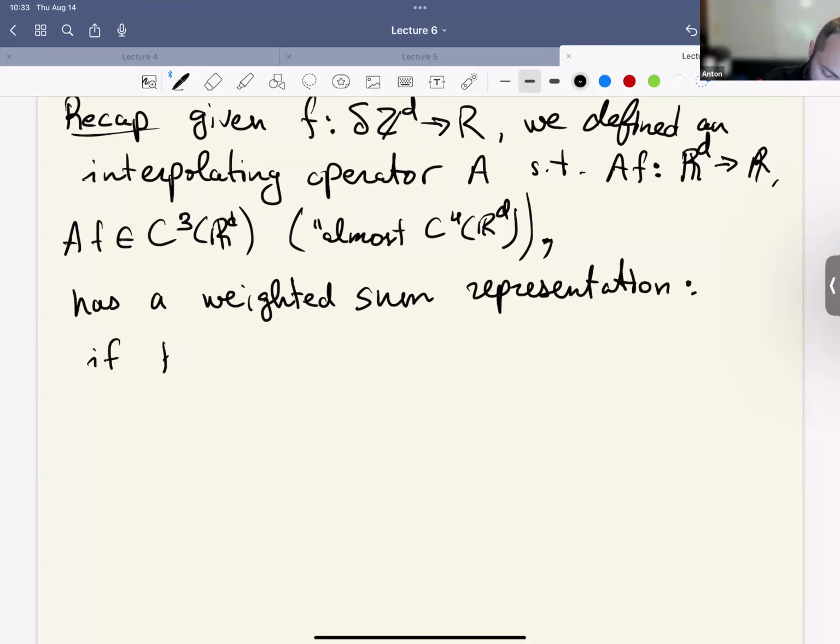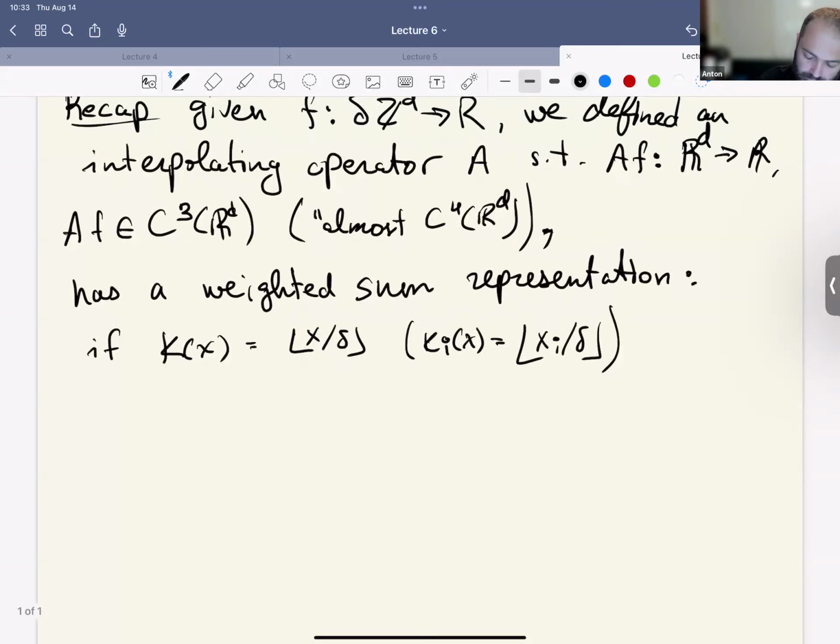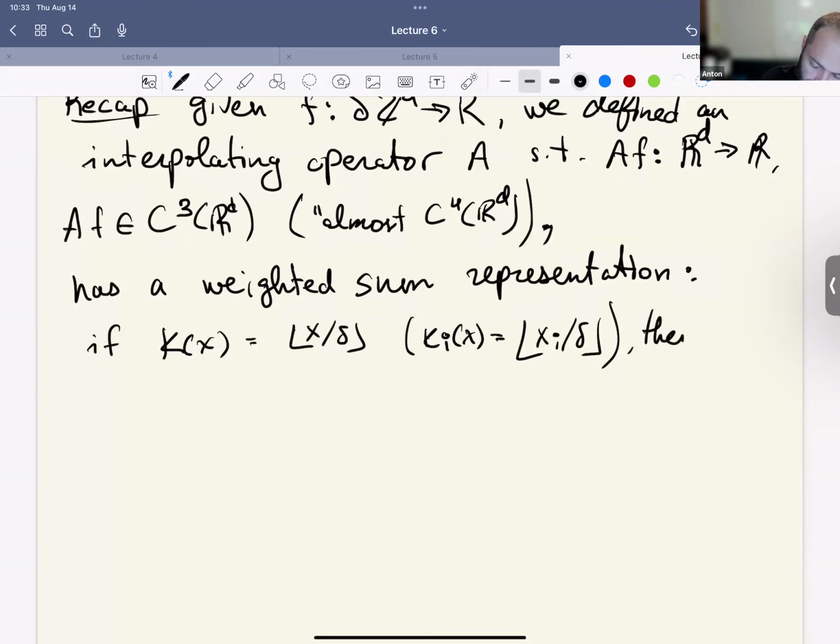So if K of x is the floor of x over delta, this is basically the bottom left corner on the grid corresponding to x, or K_i of x is the floor of x_i over delta. This is just to recap, you don't need to remember the precise form of everything that I'm writing down right now.